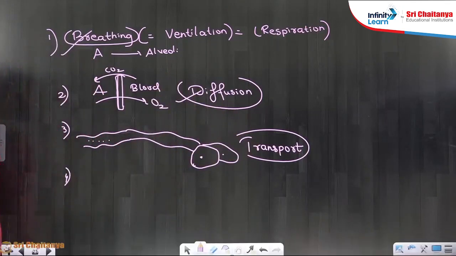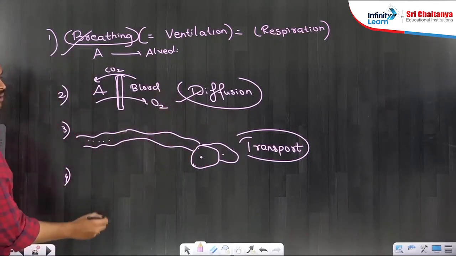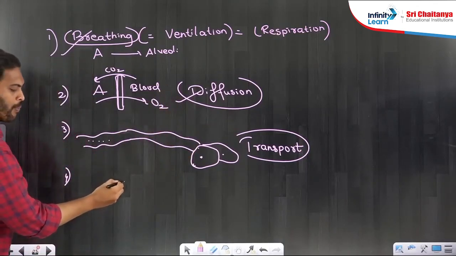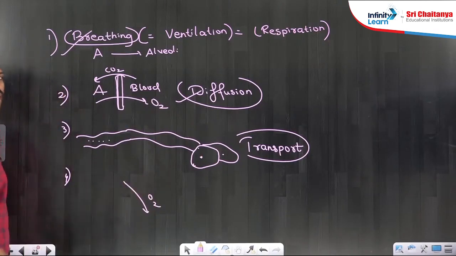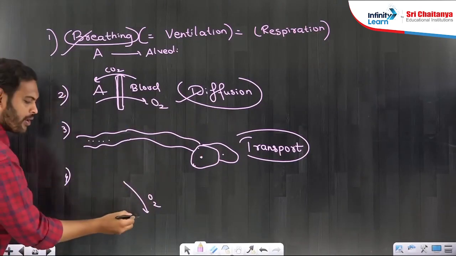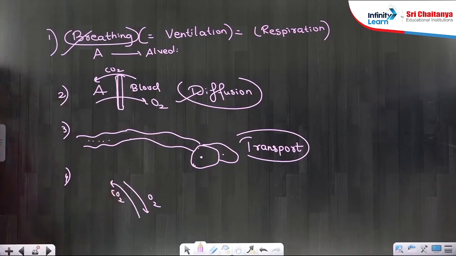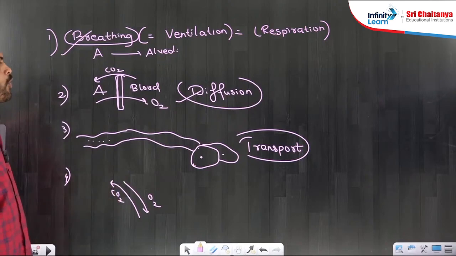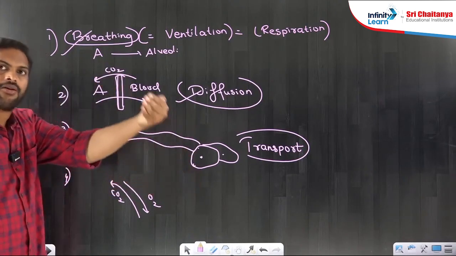And what happens now? At the level of a cell and tissue, again, blood will give oxygen to tissues and blood will get back carbon dioxide from tissues, which is exactly the same as what you saw in the case of alveoli, giving in oxygen, taking out carbon dioxide.